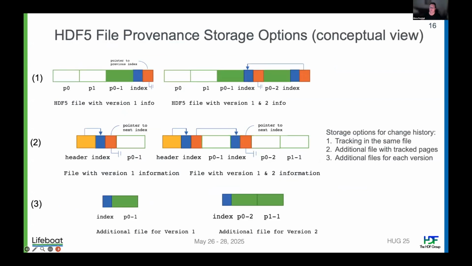So the feature was released in 1.14.0, and it implements one of those three scenarios that all have their benefits and their downsides. So the idea is that a logical HDF5 file is divided into logical pages, and when the file is open for tracking the changes, modified pages are stored at the end of the file, between open and close, with the corresponding index.